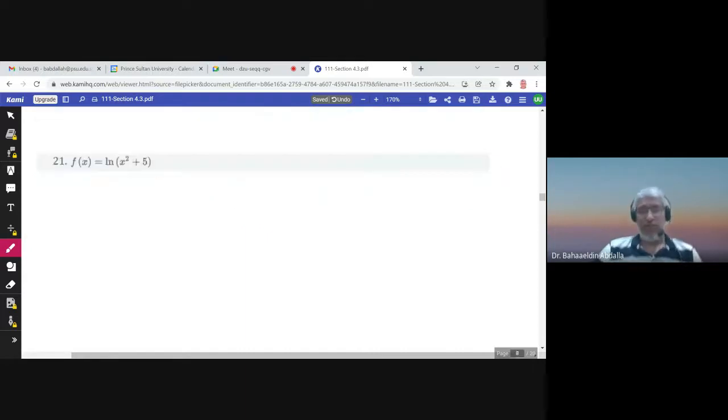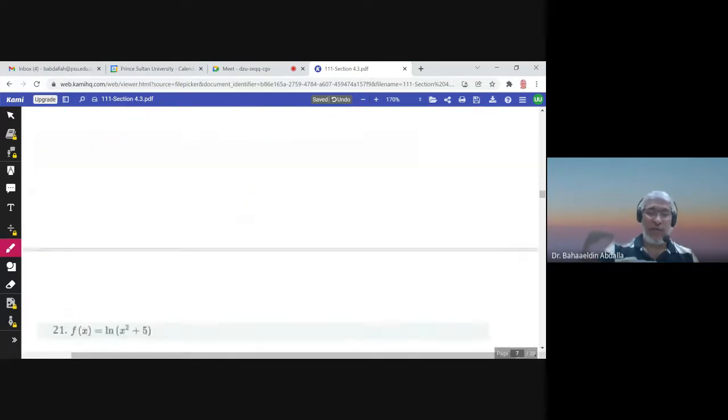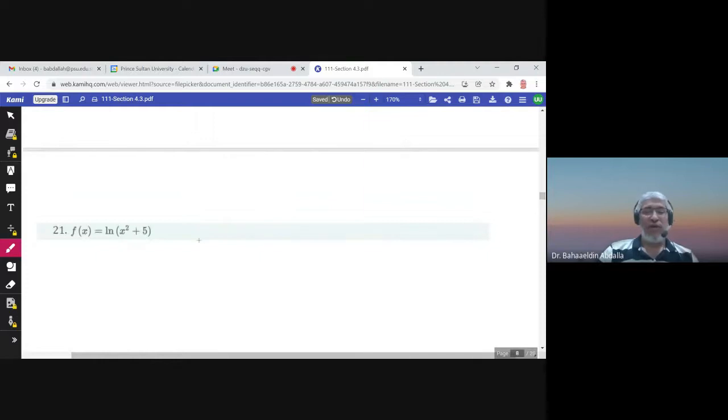Another question, same. We need to find intervals of concave up, concave down, and inflection points. So let us find f prime. Well, the derivative of ln u is 1 over what is inside the ln, times the derivative of x squared plus 5, which is 2x. So this is f prime. Now to find f double prime, I need to use the quotient rule.